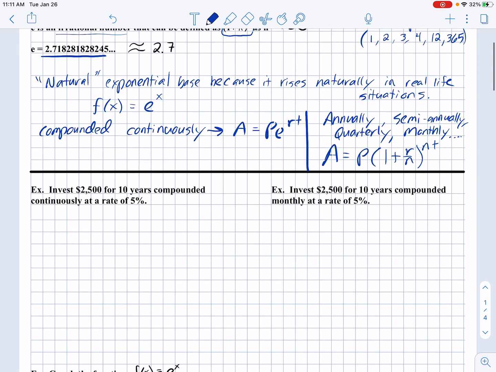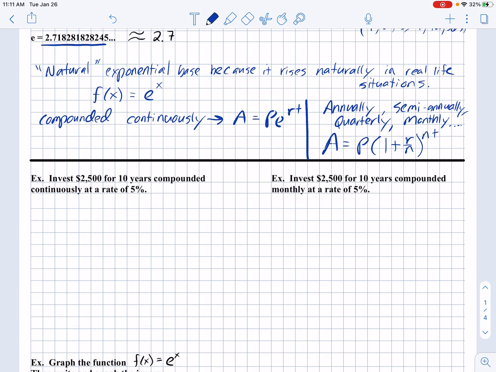I want us to see the difference with the same principal plugged in, the same amount, but one that's compounded continuously and one that's compounded monthly with the same interest rate. You'll see a slight difference between the two of them. So why don't you take a second, let the video pause, plug these into both equations and see what you notice about an investment that's compounded continuously versus an investment that's compounded monthly. All right, go ahead.